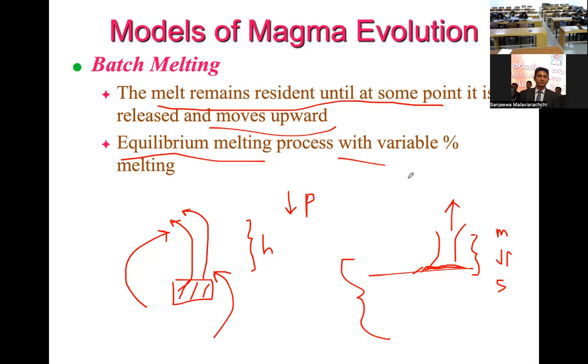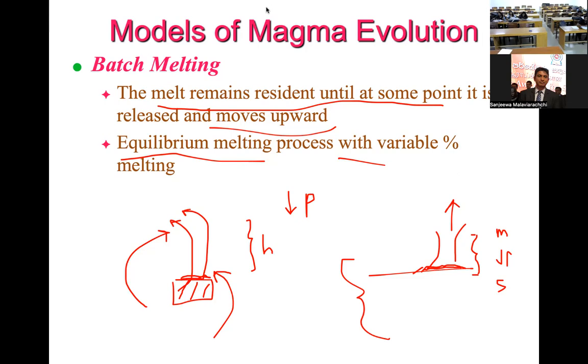But the point here in batch melting is that wherever the melt is formed, it should be in contact with the solid until it starts to percolate out from the system. That is the batch melting process, which is the simplest way of melting prevailing in the Earth's mantle.